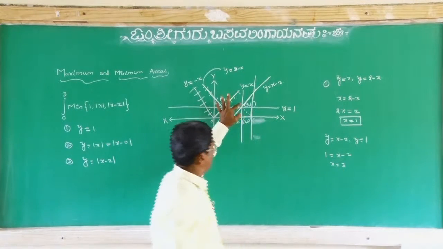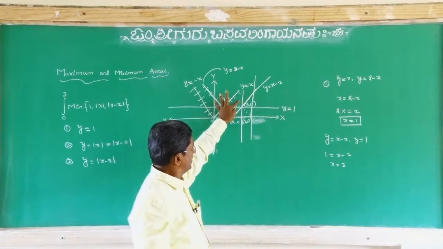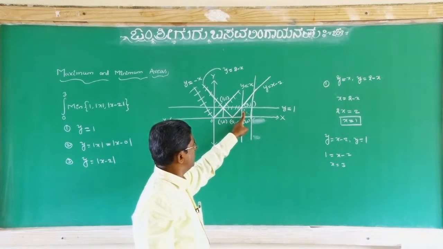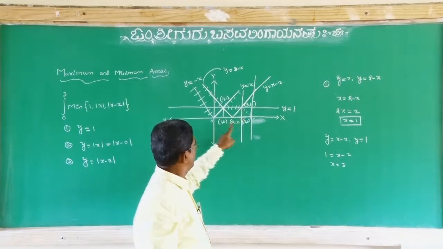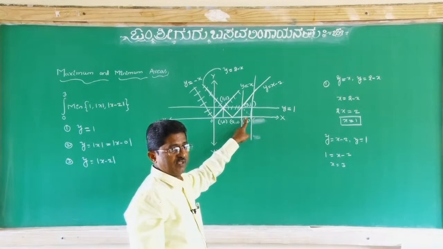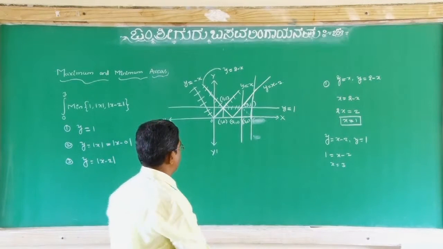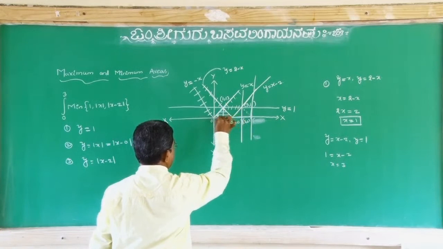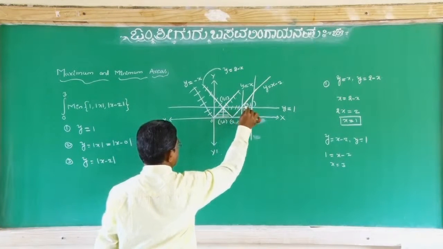Now at this point of intersection 3 comma 1, draw a line perpendicular to the x axis. So now this distance is 1 unit height, and from the origin the total distance is 3 units. Now we have to determine the area of the triangle, this portion of the area and this portion of the area also.